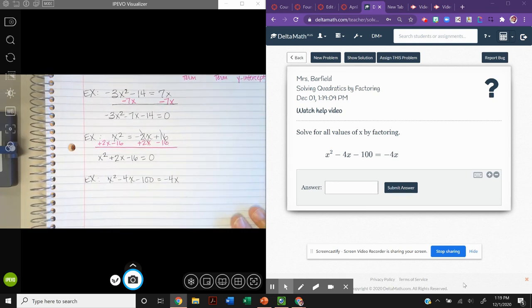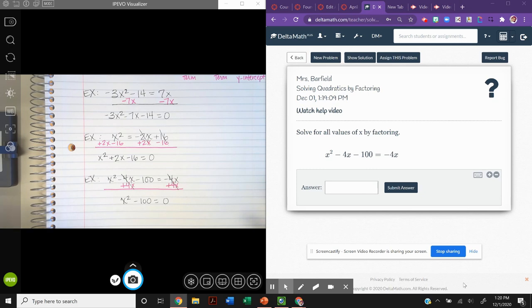This is why we started the lesson with making sure it's equal to 0, because you cannot start factoring until it's equal to 0. So this negative 4x is not in a good spot, so I'm going to add 4x. Because there is a like term on this side, I'm going to line it up. Negative 4x plus 4x is 0, so I am left with x squared minus 100 equals 0.